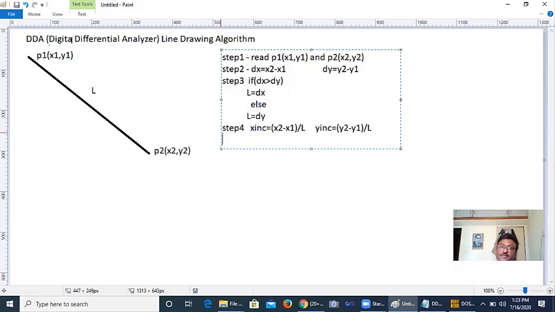Once you have calculated the x increment and y increment, now you need to put the points from x1, y1 to x2, y2. So after step 4, go to step 5. Consider any loop: i is equal to 0, i less than or equal to L, i plus plus.